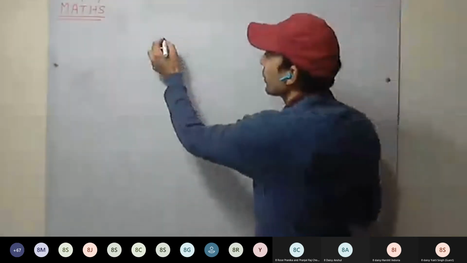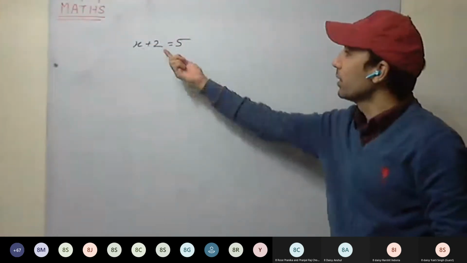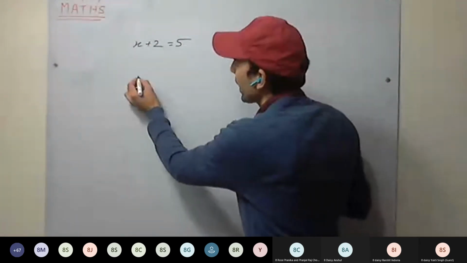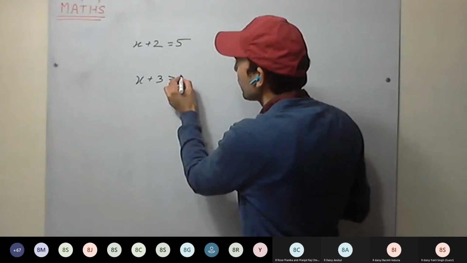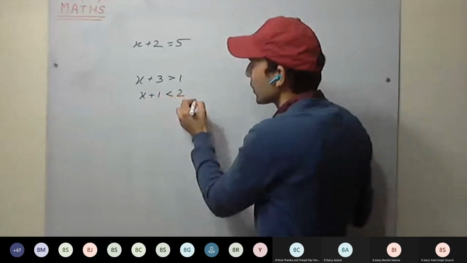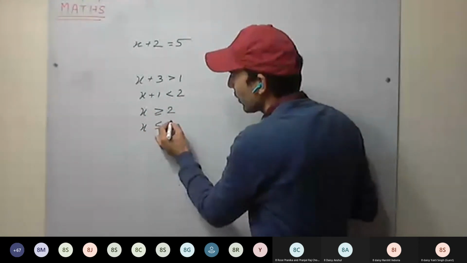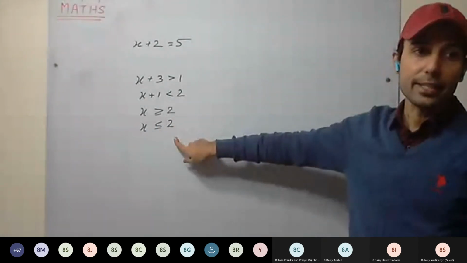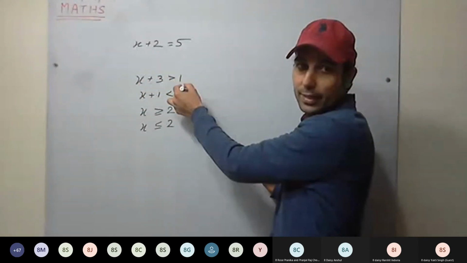Till now we have used the equal sign, for example, x plus 2 equal to 5, and using this equation we have solved for x. This time we will have expressions like x plus 3 greater than 1, x plus 1 less than 2, or x greater than or equal to 2. These are inequations. They are inequalities because the left hand side is not equal to the right hand side.